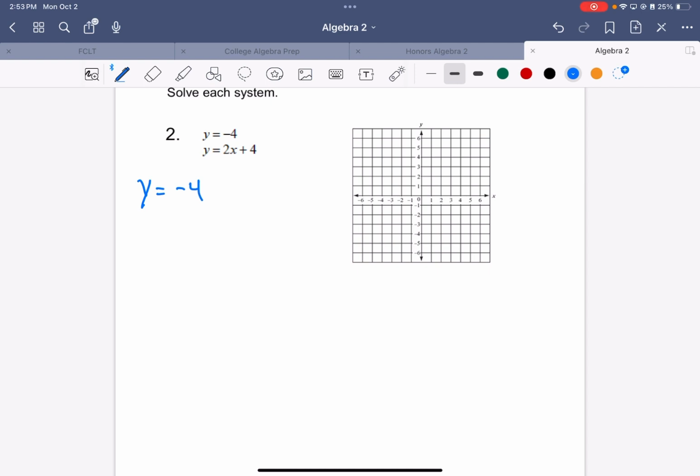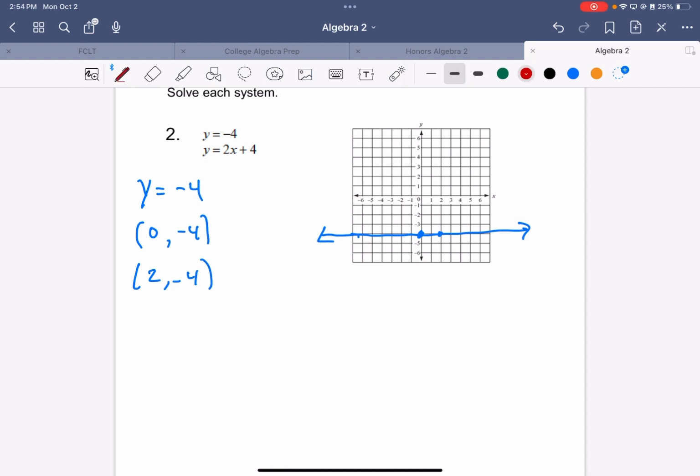We've talked about this a lot last week. We know our y value always has to be negative 4. We don't care what our x value is. Just give it a couple of points, but the y value always has to be negative 4. So (0, negative 4), (2, negative 4). Draw a nice straight line, again making sure it's nice and straight.